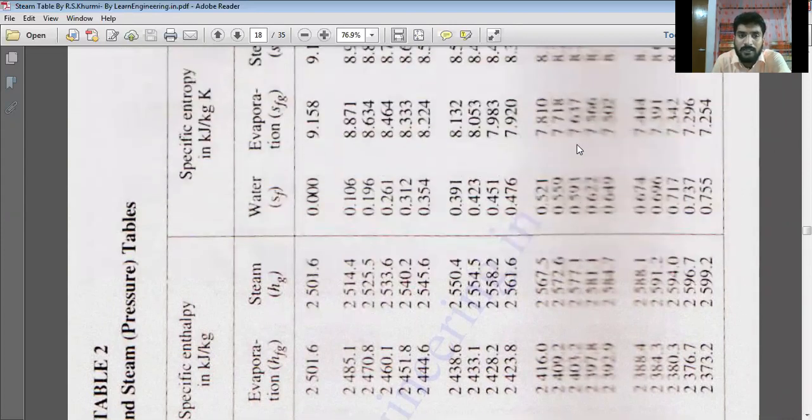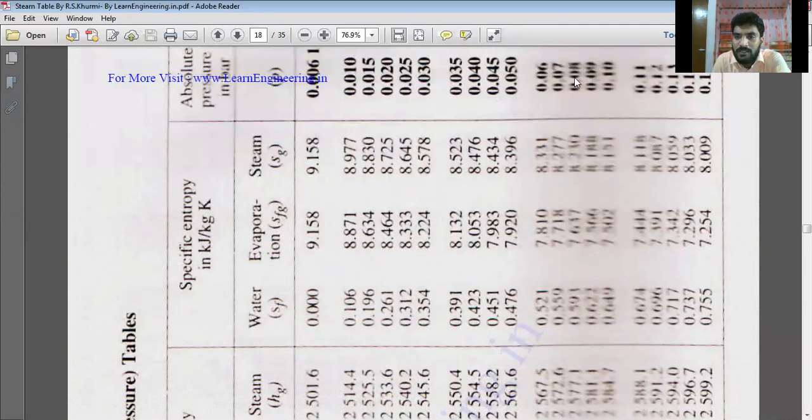Now I want to collect the specific entropies. At 0.08 bar pressure, these are the specific entropies: SF, for water, is 0.503, SFG is 7.637, and SG is around 8.230.